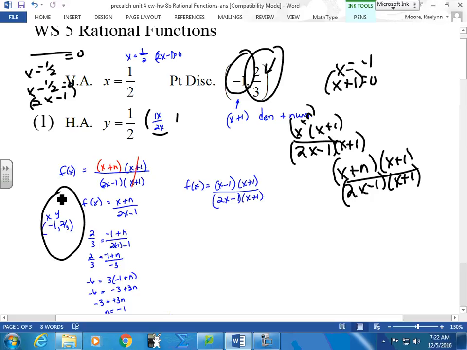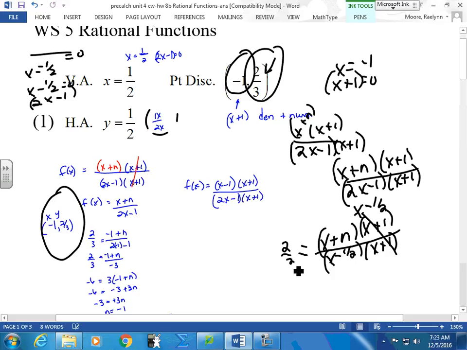Now you guys that left this as x minus 1/2, this didn't work. So let's see. Oh, okay, Woody, she's still there. All right, so we're going to take out your x plus 1 and just set this equal to 2/3. So this is a negative 1, and this is a negative 1.